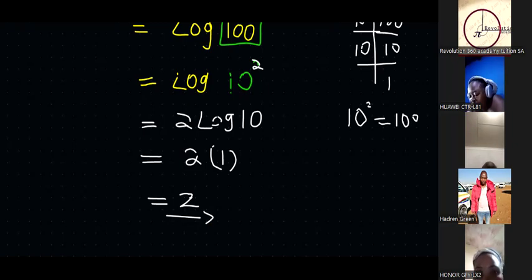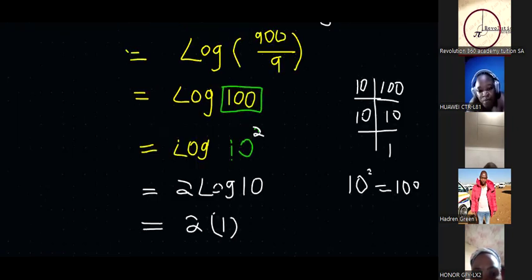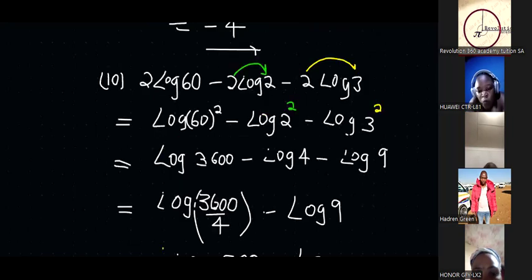Which law is used on the second step? Okay, let me check it. Second step, on the second step. Which law is used? Let me show you which law is used, because there are many laws there.